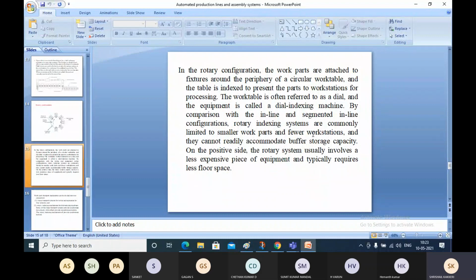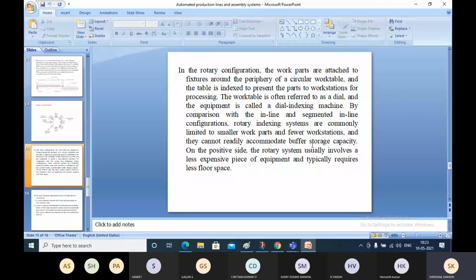Instead of going for 8, if I want to go for 20, the indexing table will need to be much larger in diameter, because the workstations must be arranged around its periphery. So it is limited to fewer workstations with smaller work parts, and the dial cannot accommodate buffer storage capacity.